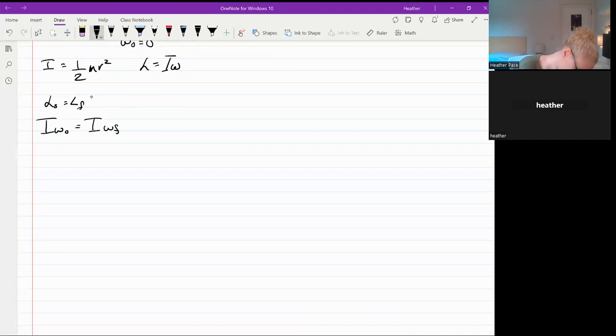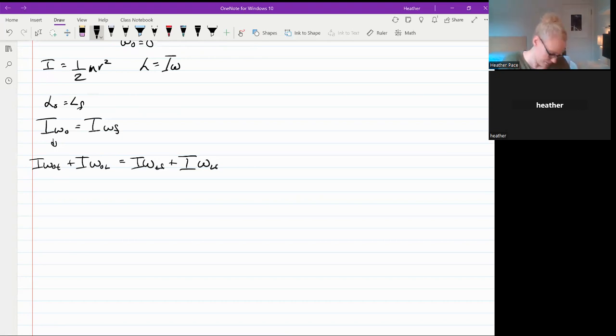And this is going to be I omega naught turntable plus I omega naught lady equals I omega F turntable plus I omega lady F. All right.